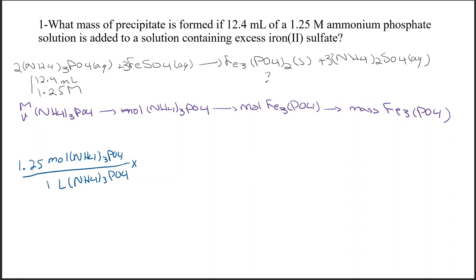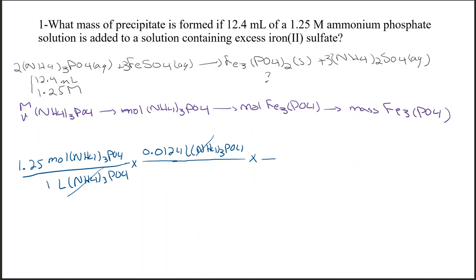Now your ammonium phosphate is 12.4 milliliters, but we need to convert this to liters. So 0.0124 liters of ammonium phosphate. So liters and liters cancel out. So we have the moles of ammonium phosphate.